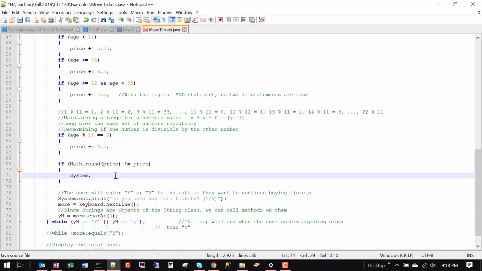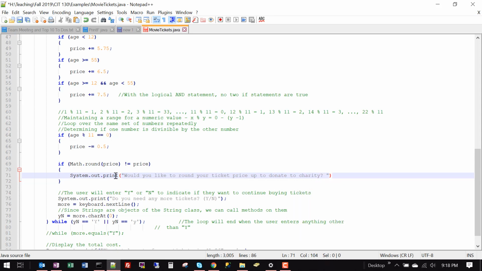We can say system.out.print, would you like to round your ticket price up to donate to charity?